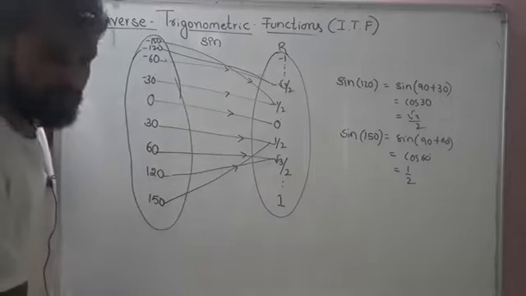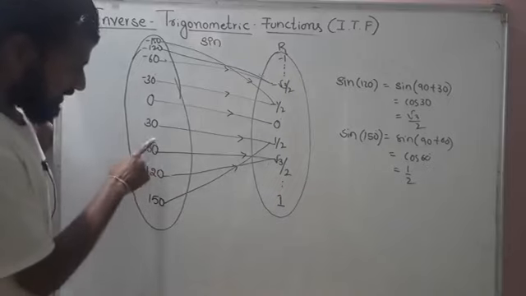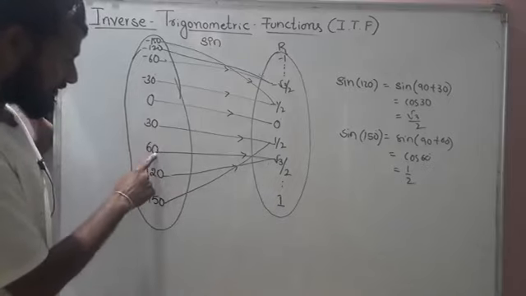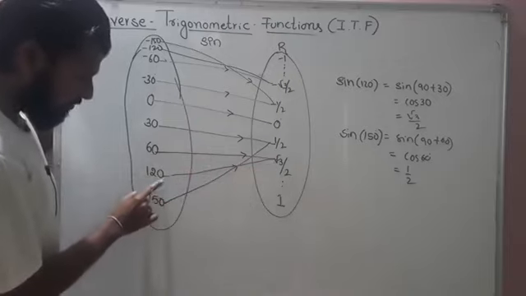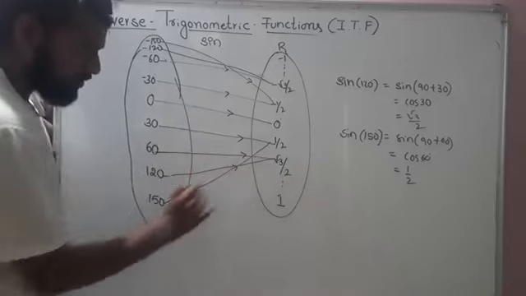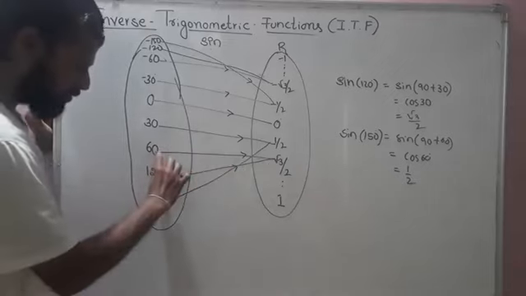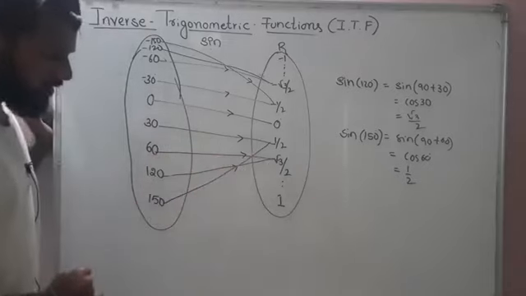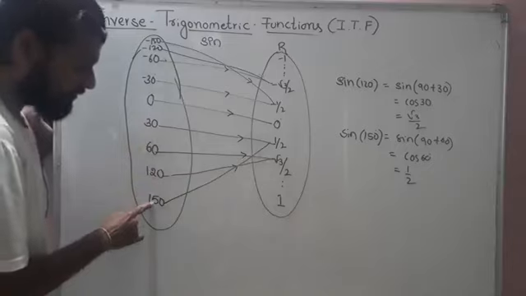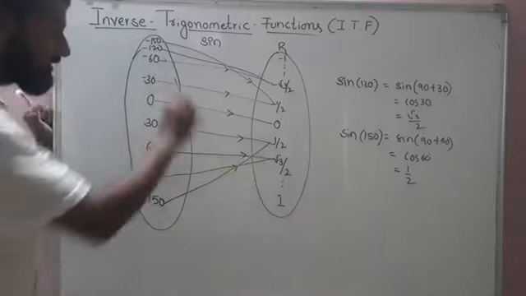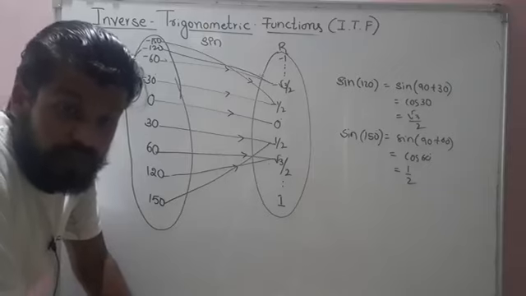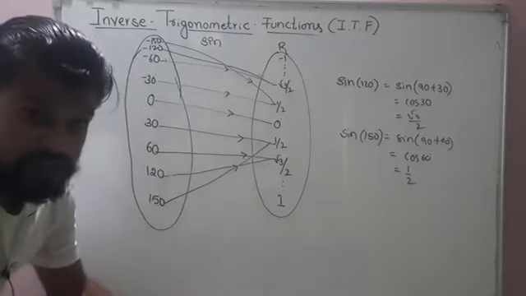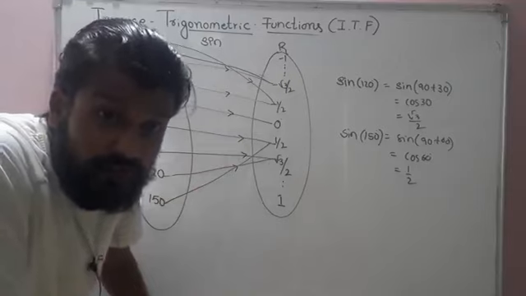This is not a 1, 1 function because sine of 60 degrees is connected to root 3 by 2 and sine of 120 degrees is also connected to root 3 by 2. These two values are both connected to root 3 by 2. Similarly, sine 30 and sine 150 are connected to 1 by 2. So obviously this is not a 1, 1 function. If sine is not a 1, 1 function, then how can we write an inverse for that?